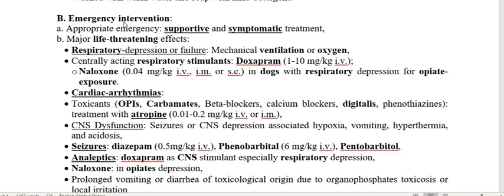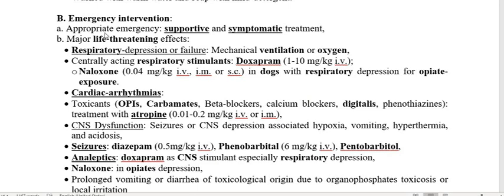But if you think the animal came quite delayed, then you have to simultaneously run the symptomatic or supportive treatment. And if the symptoms are life threatening, then you have to check the symptoms by giving the particular drug as per the symptom.